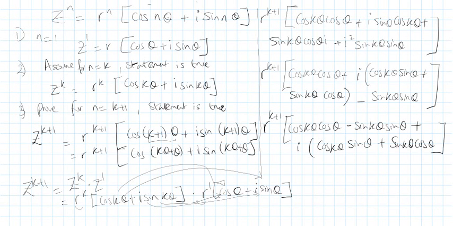All right, and cos kθ cos θ minus sin kθ sin θ. It's cos A cos B minus sin A sin B, which is just cos of (A + B). All right, referring to the compound angle formula. So that's as if that's A, that's B. So on your formula sheet, you'll see that if you have cos A cos B minus sin A sin B, it's cos of (A + B).